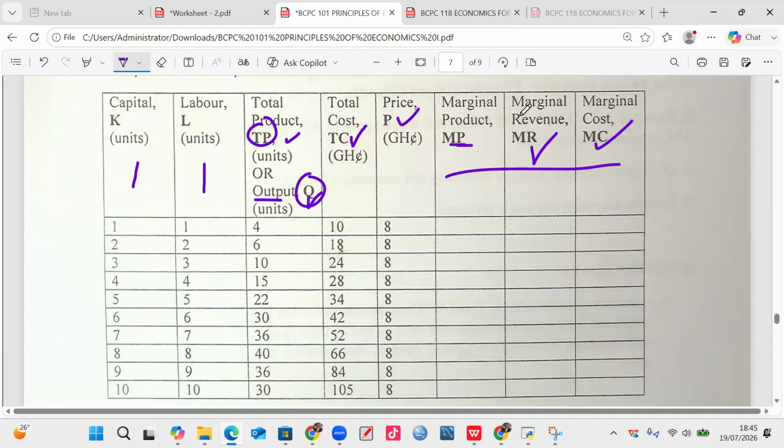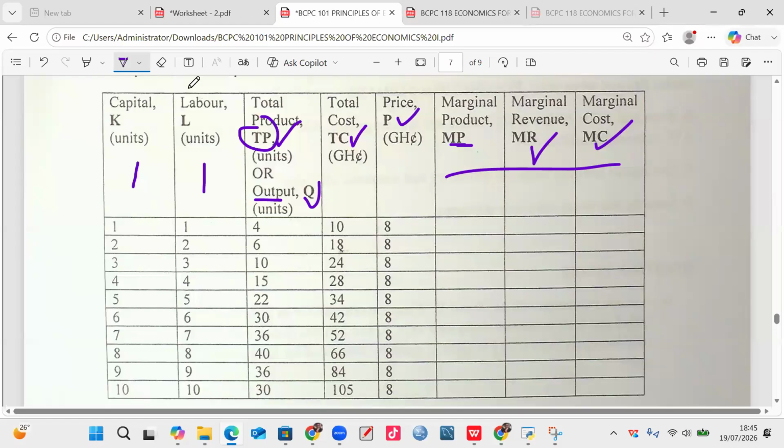Yes, it's here. Total product is the same as output. So we can solve marginal product using total product. Is that correct? Yes.